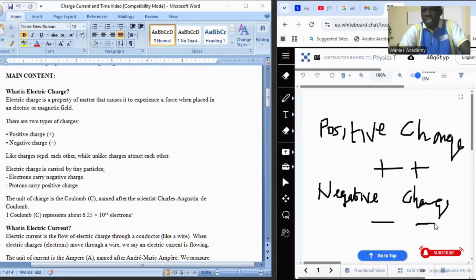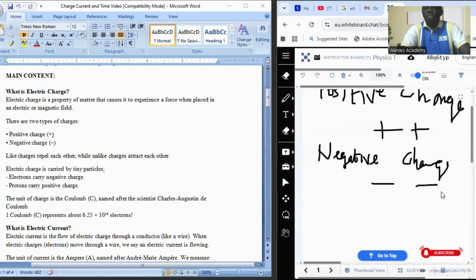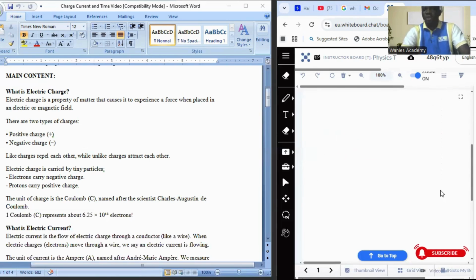If I have another negative here, they will also separate from each other. That's the first law. The second law states that if I have different charges, plus, minus, they are going to attract. Minus, plus, is going to attract. So unlike charges attract, like charges repel. That is the law of charge.